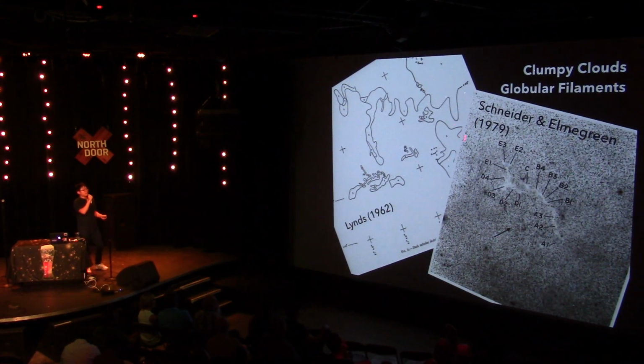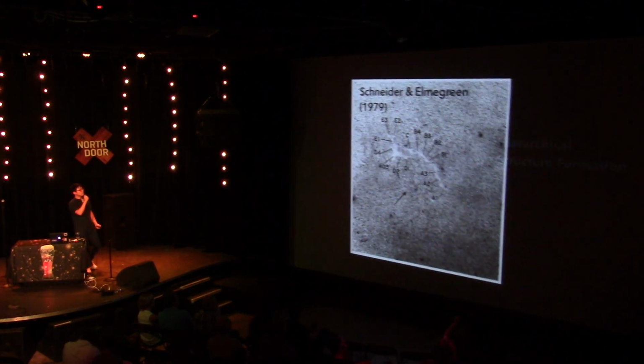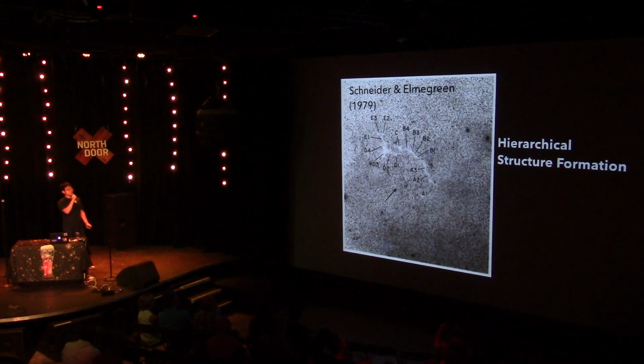So you can, at the same time, see very long filaments, which are also more diffuse, as well as the very dense globular shapes inside the filaments. And that actually brings us to what later became known as hierarchical structure formation.